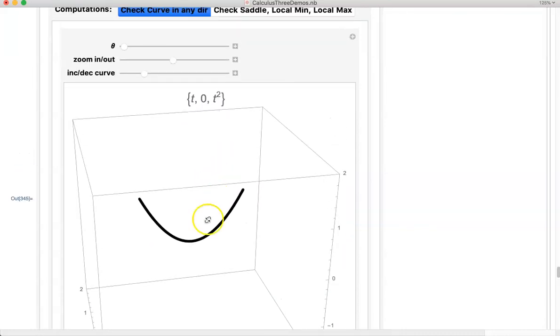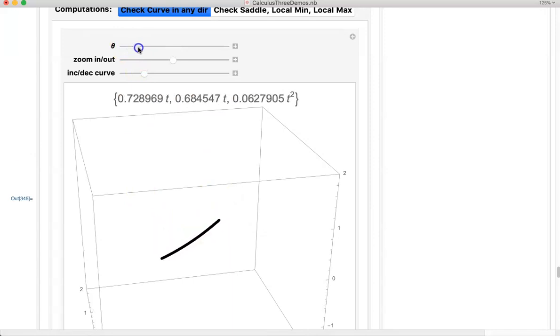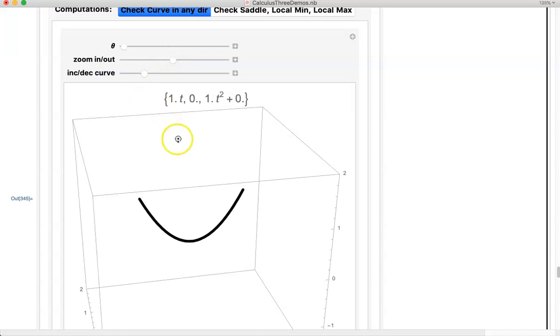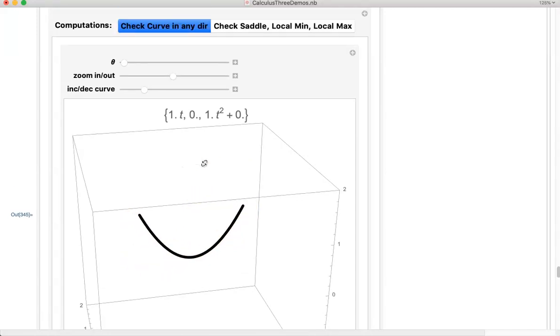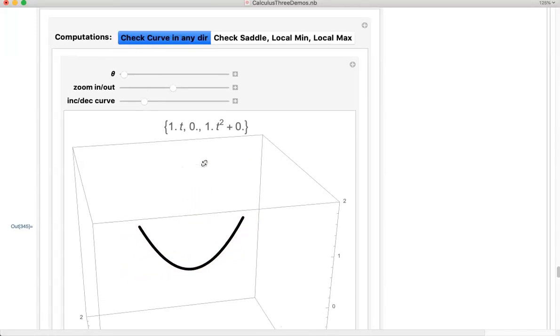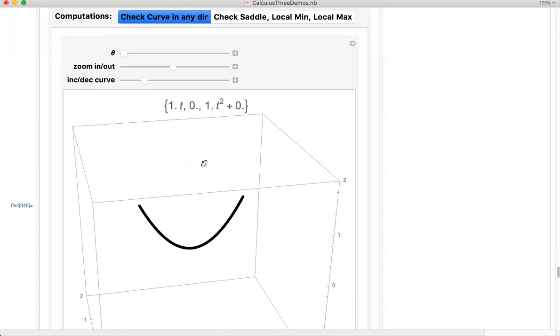So if you notice, if I change the direction, can you see that this curve is going to change? Sometimes the curve bends up like a parabola, sometimes the curve bends down like a parabola. So in different directions, the curve changes differently. And we'd like to figure out whether that curve is acting like a parabola, pointing up or pointing down. And that's what the second directional derivative is going to show us.